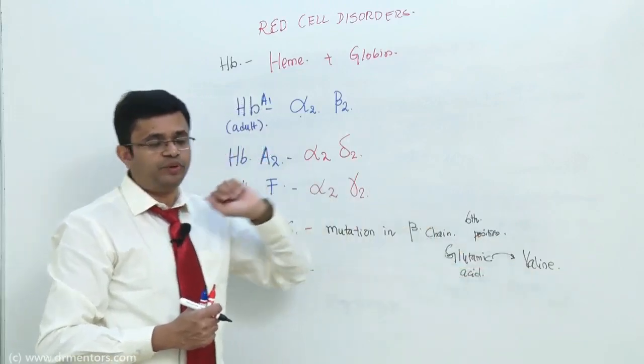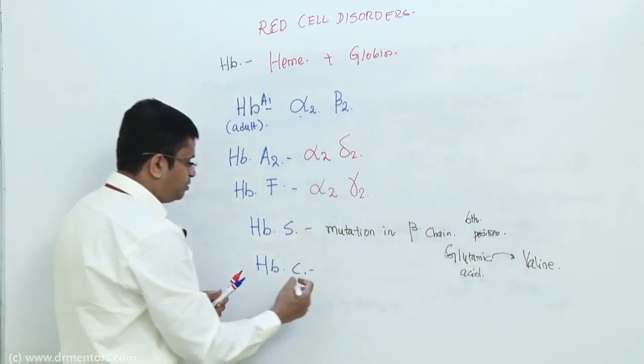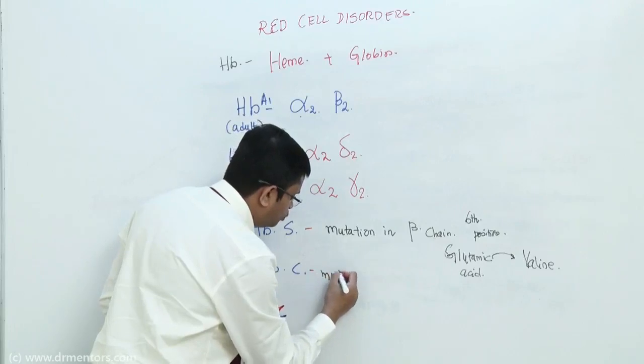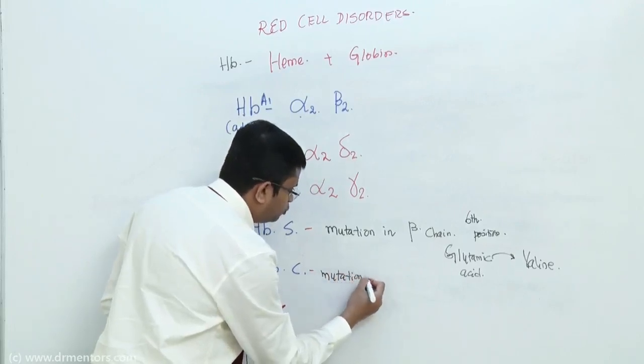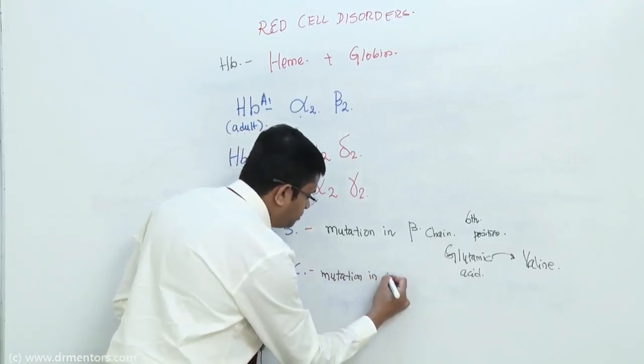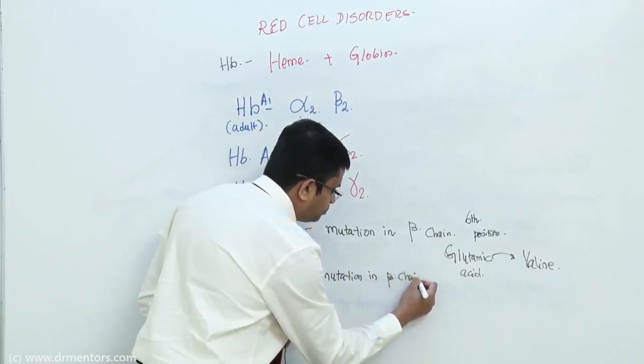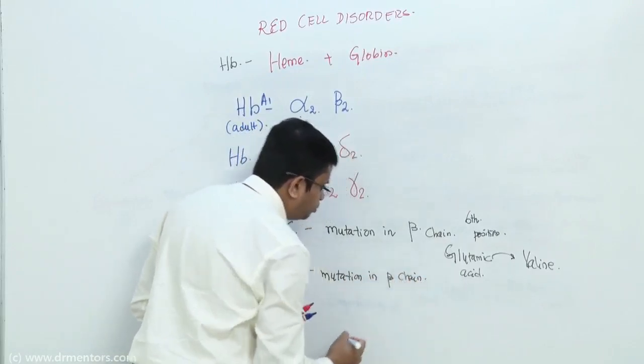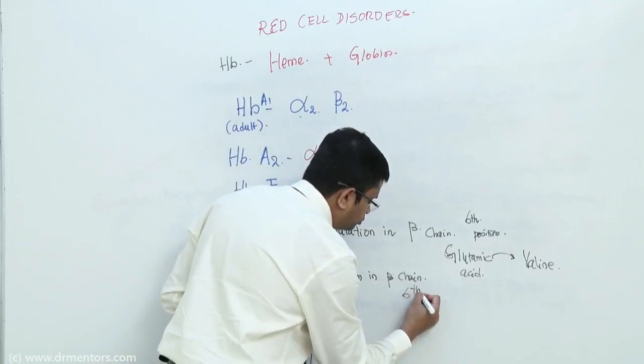That's your hemoglobin S. What about hemoglobin C? Here there is a mutation in the same beta chain, the same position, the 6th position.